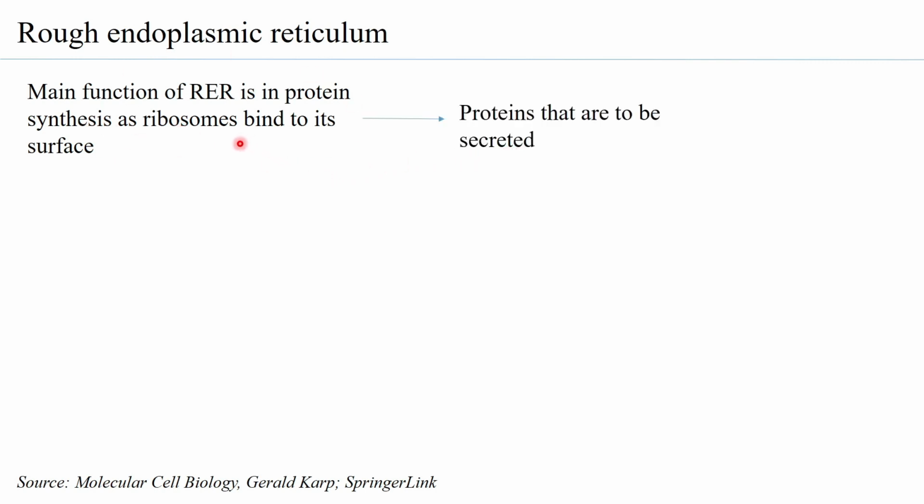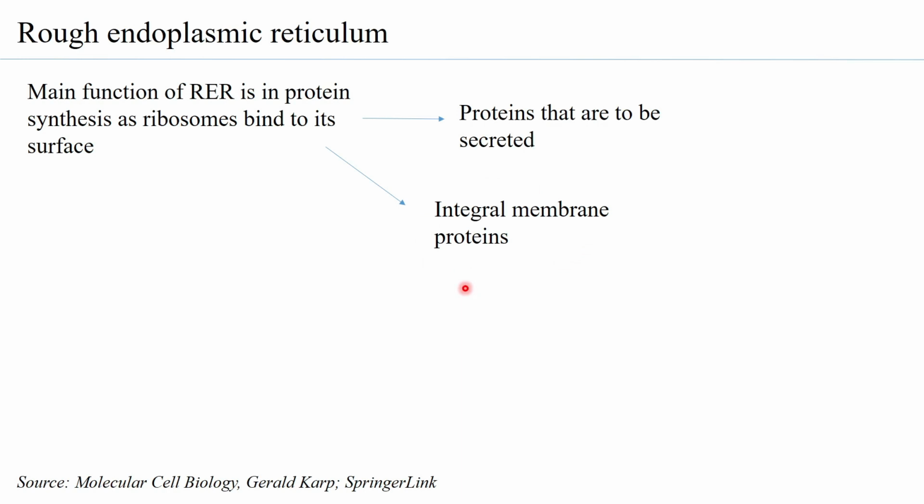Now, please do understand that the proteins that are synthesized by the ribosomes are those proteins that are to be secreted by the cell. So, the secretory pathway begins with the rough endoplasmic reticulum. It synthesizes those proteins that are integral membrane proteins. So, we know that membrane proteins are of two types, peripheral and integral.